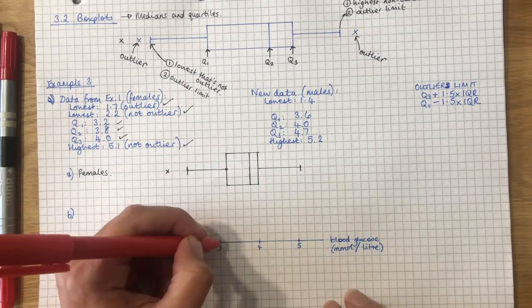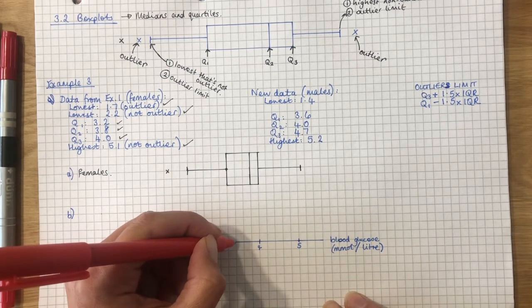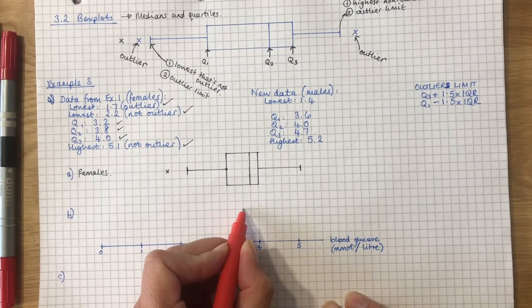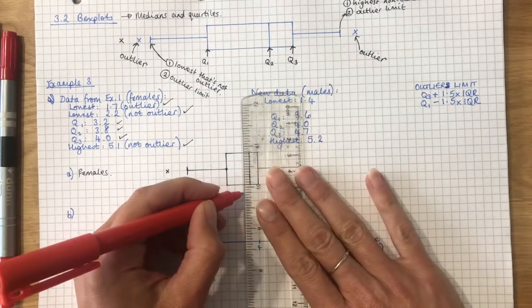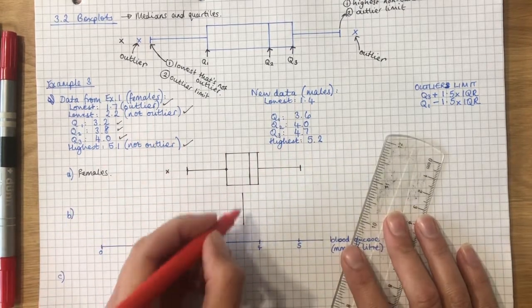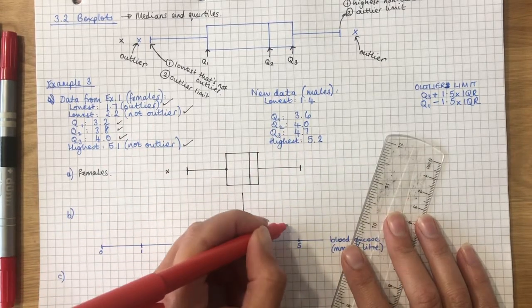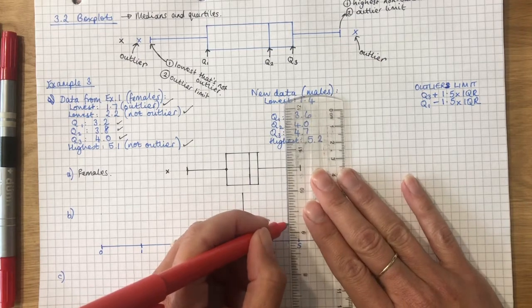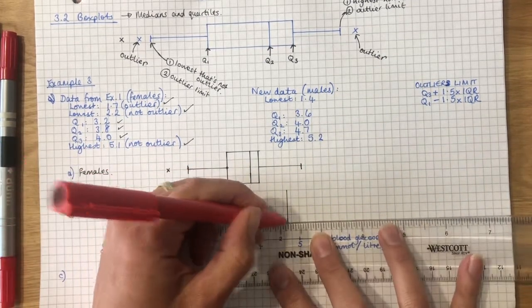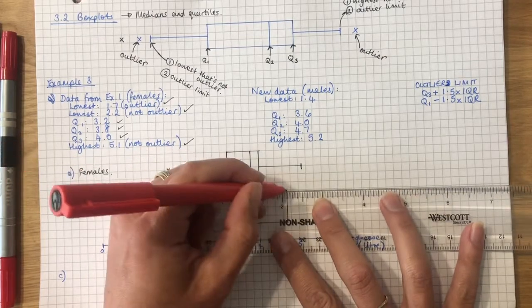So our box goes from 3.6, which is there, up to 4.7, and the median in the middle is at 4.